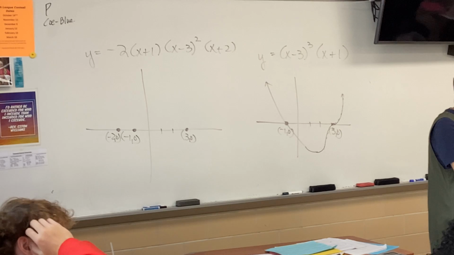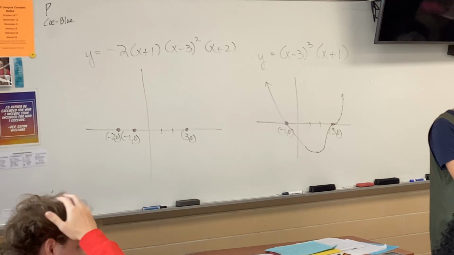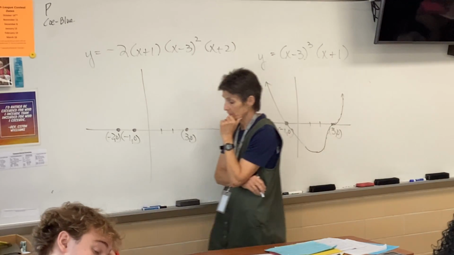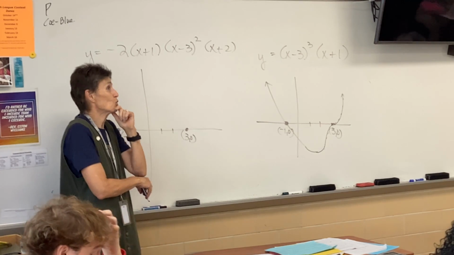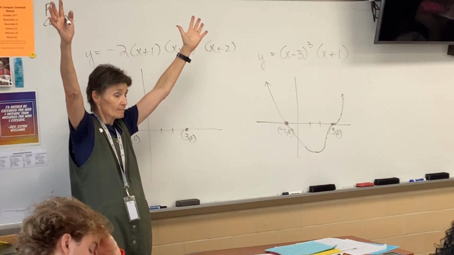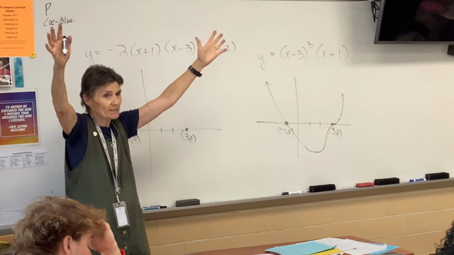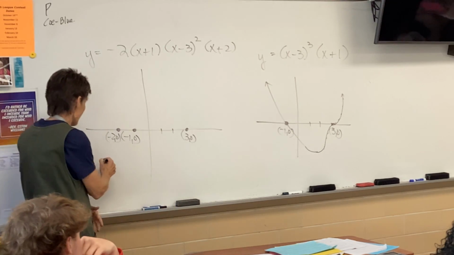If it doesn't have an x, it's not going to be a dot. Okay? Now, how many x's do I have in this problem? 4. 4 is even. Even should be this, right? But there's a negative in front of it, so it's going to be this. So I'm going to start down here.